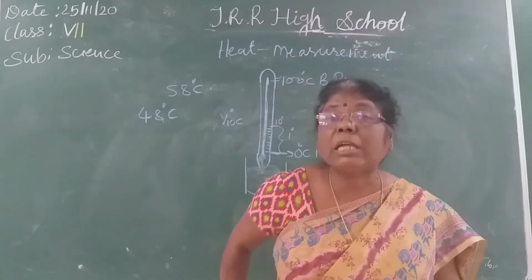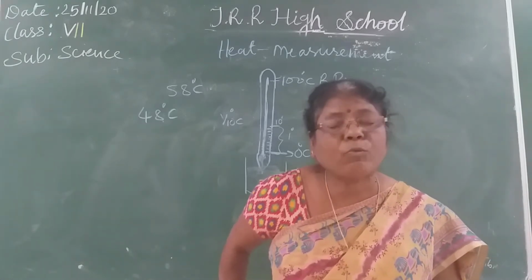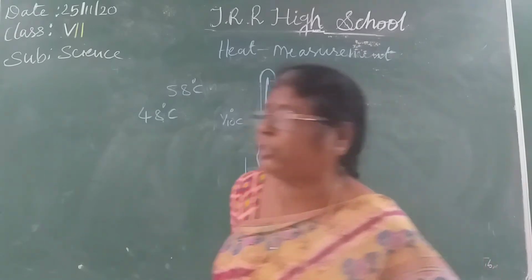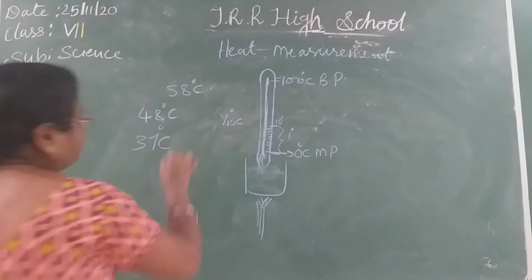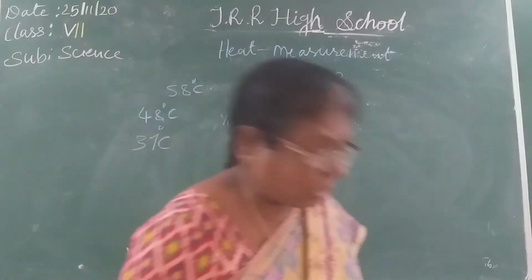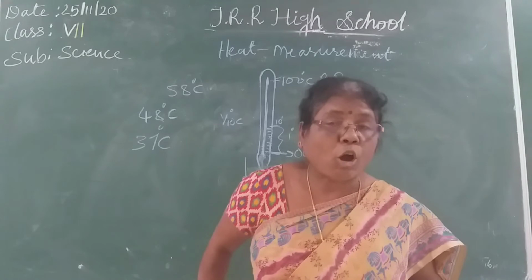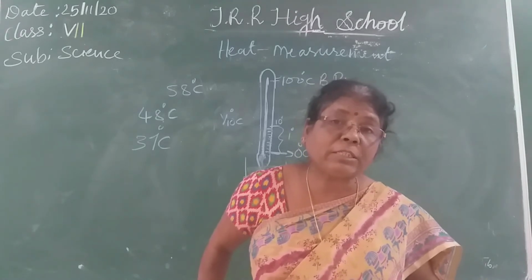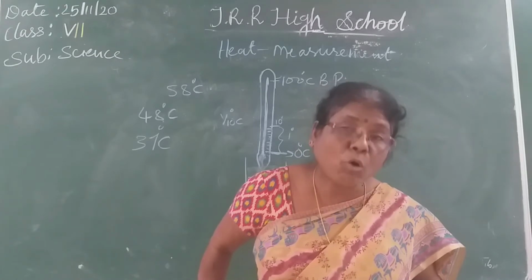You feel uncomfortable. What is our normal body temperature? Our normal body temperature is 37 degrees Celsius, isn't it? So how uncomfortable you feel if the temperature rises to 48 degrees Celsius and more.